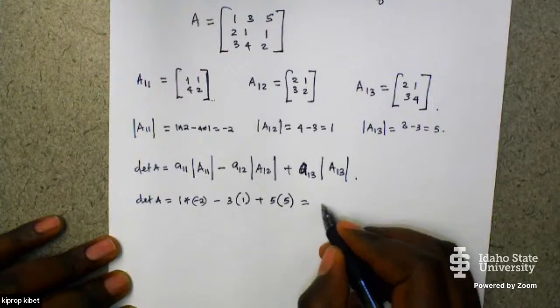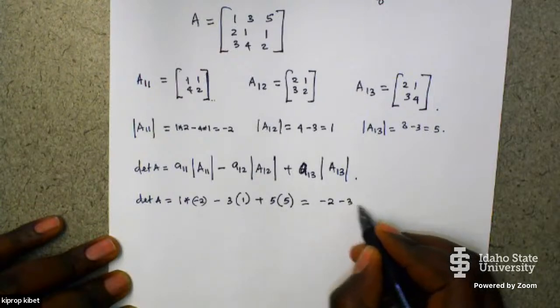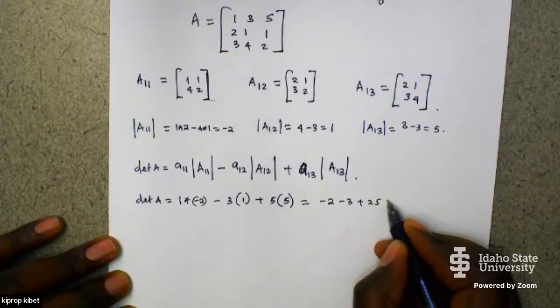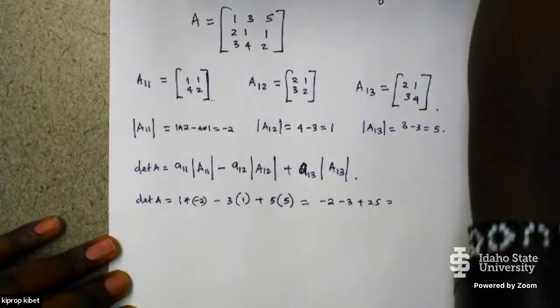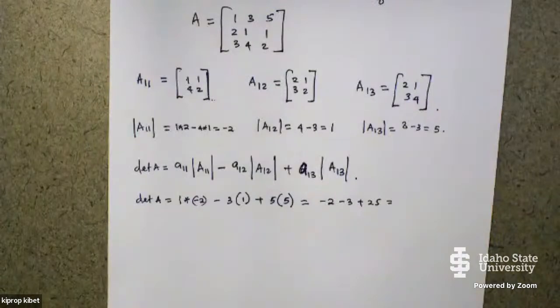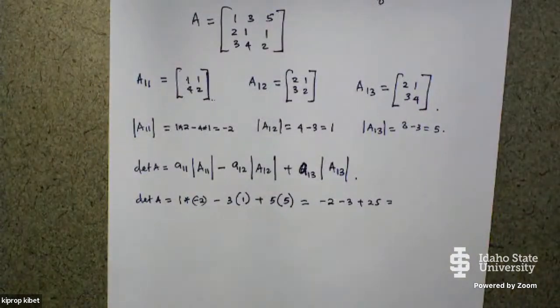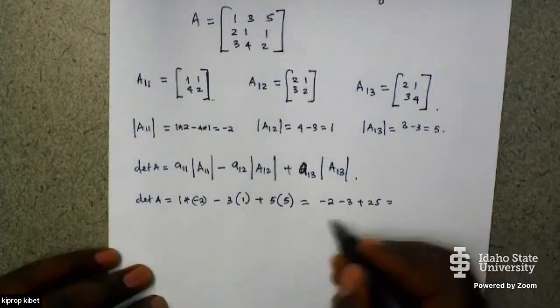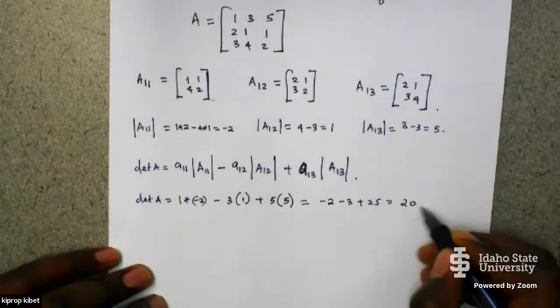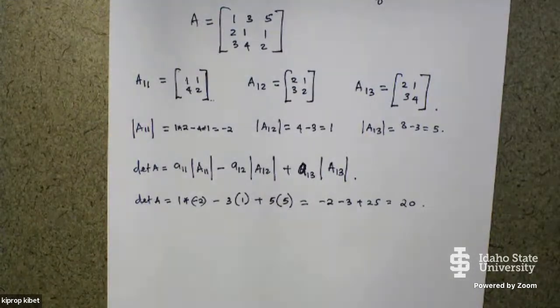This is equal to minus 2 minus 3 plus 25, which we get as 20. Any question after that?